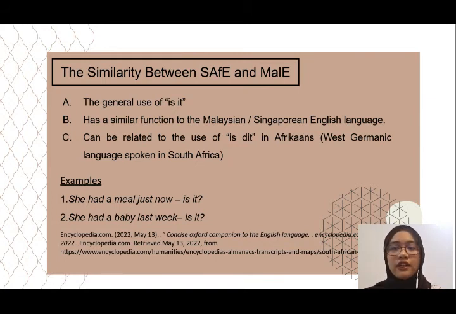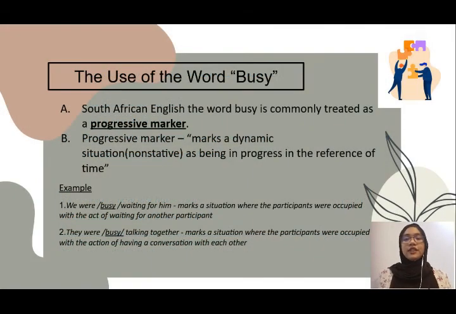However, in South African English, the frequent use of "is it" can be related to the Afrikaans word "is it," which literally translates to "is it" in English. Next, in terms of syntactic features, we can see how the language variation utilizes words like busy in their sentences.